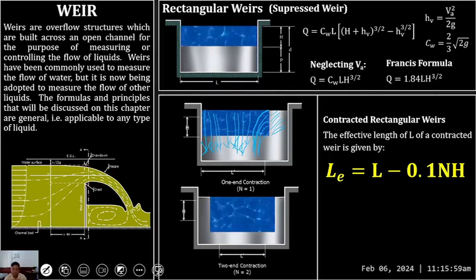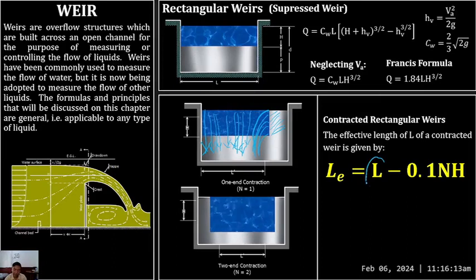Pero kapag contracted rectangular weir, nagbabago ngayon yung length ng tubig. Kaya yan yung effective length. So, effective length equals yung clear length ng contracted weir minus 0.1 times n.